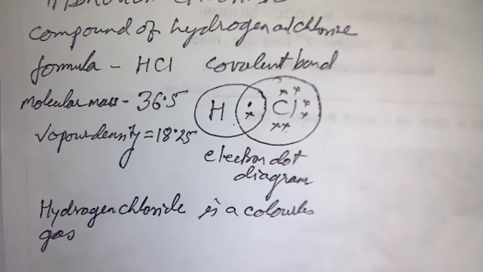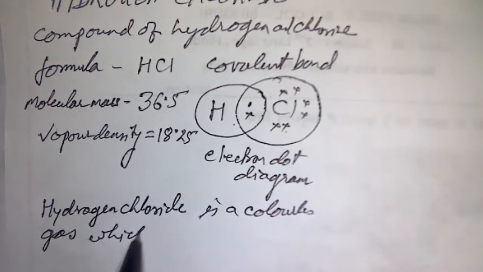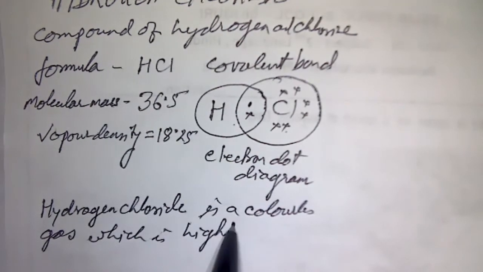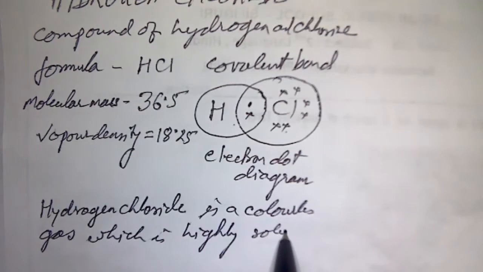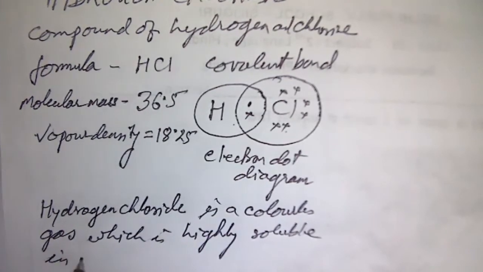Recently, I've done acids, bases, and salts, isn't it? We wrote HCl there also. So HCl is also used for hydrochloric acid. Now, what is the difference between hydrochloric acid and hydrogen chloride? That also you have to know, isn't it? This hydrogen chloride, which is a colorless gas, is highly soluble in water. So I'll write down here: it's a colorless gas which is highly soluble in water.